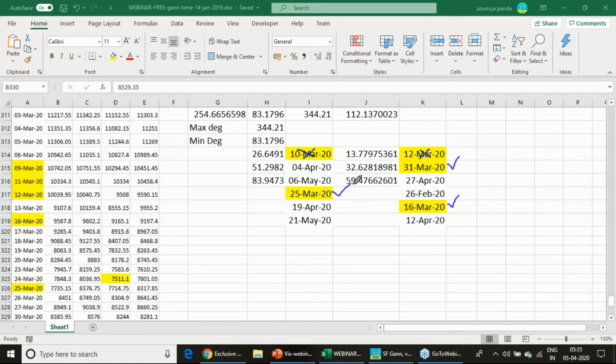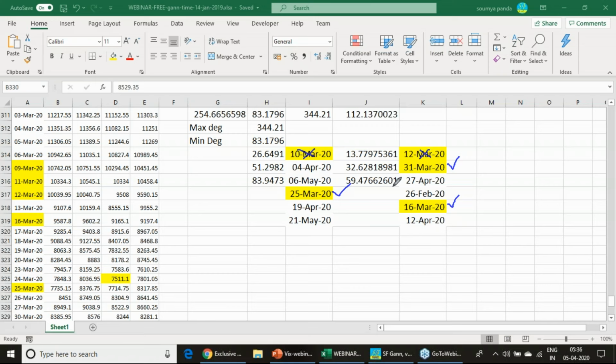So out of the 5 trend reversal date calculations you have done, 3 gave a success, 2 complete successes and 1 partial success in terms of the opening, and 2 were failures. So in a critical month like March, it has given you this kind of success.